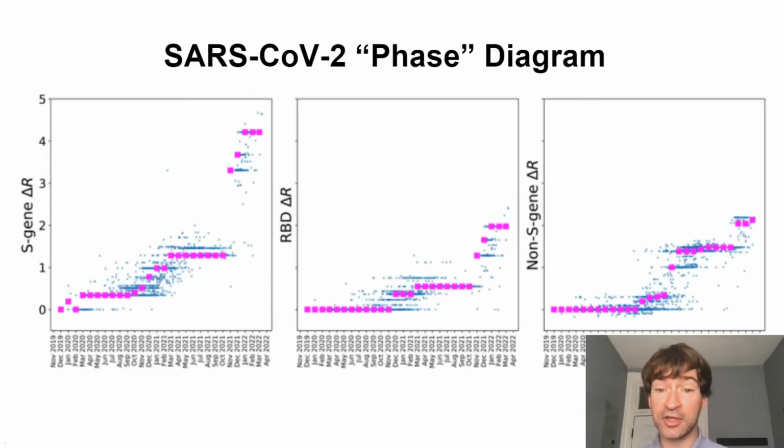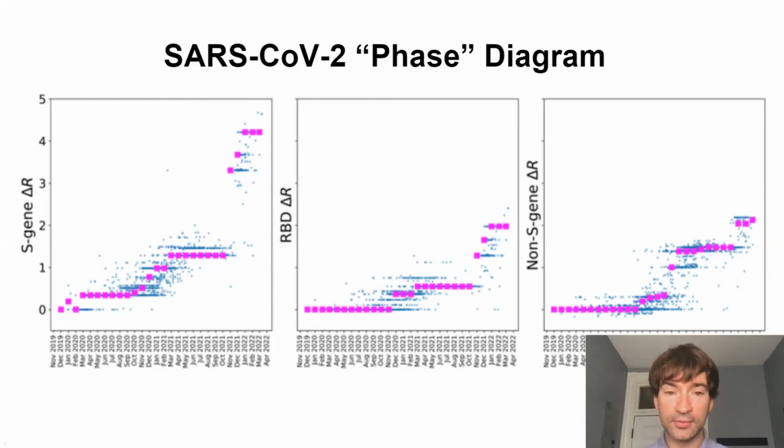Given that we have these high-dimensional inferences, both at the variant level and at the amino acid level, there are a lot of other interesting visualizations and different ways that we can splice and dice our inference results. And here's one of them that I like. So across the horizontal axis, we have time, basically months in the pandemic. And each blue dot here corresponds to one SARS-CoV-2 lineage or variant.